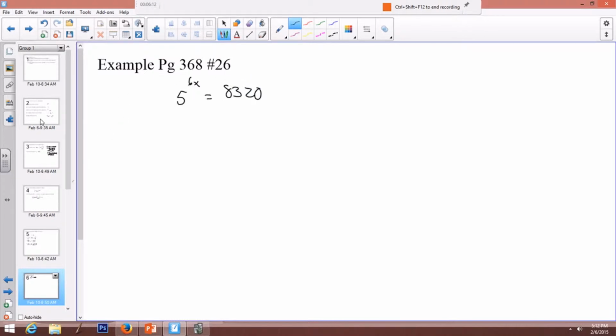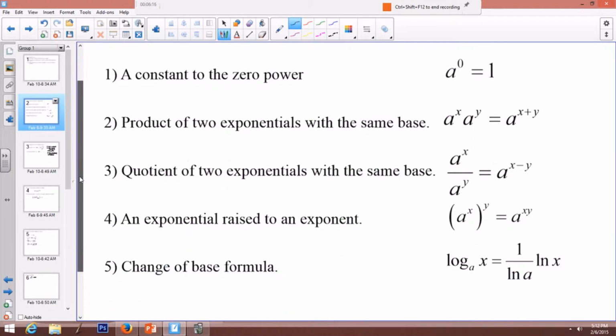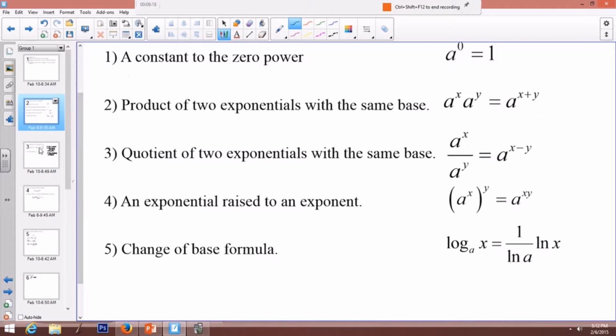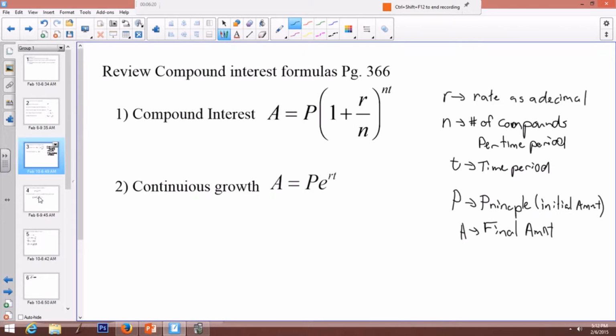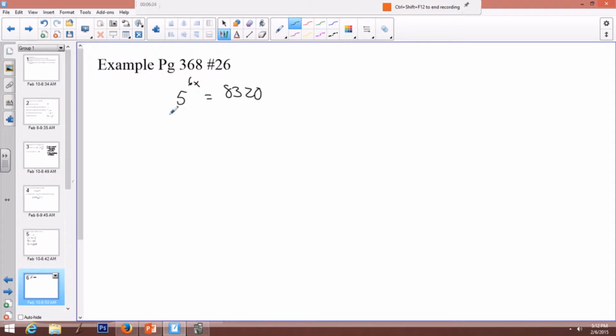Now we're going to use quite a few of these rules here. But first, we're going to use the exponential rules from a previous video, where I'm going to take the ln of both sides. So the ln of 5 to the 6x equals the ln of 8320.